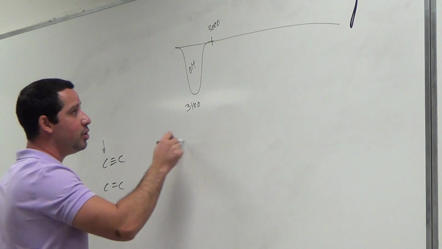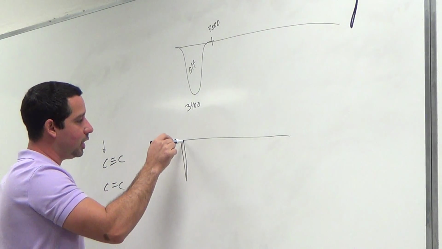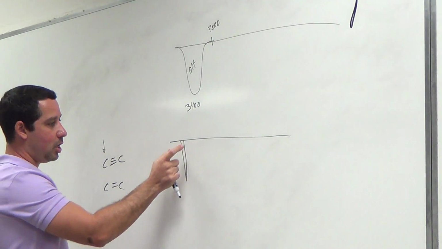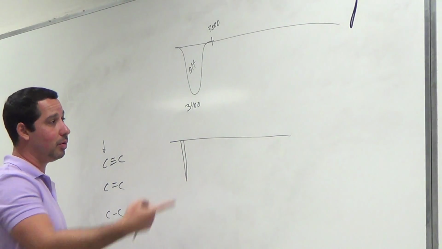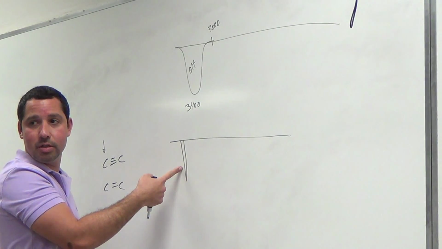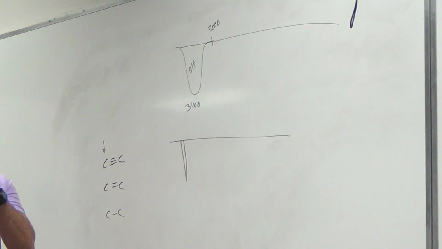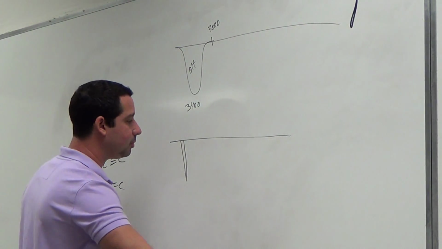If it did not make any hydrogen bonds, it would look like this, sharp and narrow. Now, if it has hydrogen bonds, then it will never look like this. I've never seen one that looks like this, because if you have a substance and there is more of them, they will make hydrogen bonds, yes?